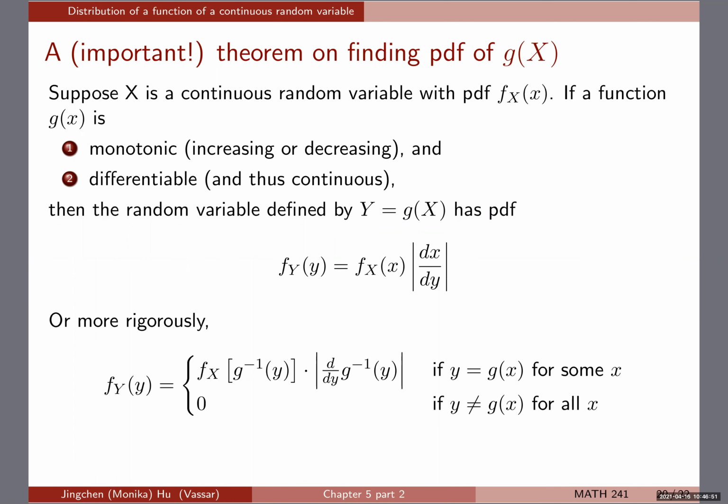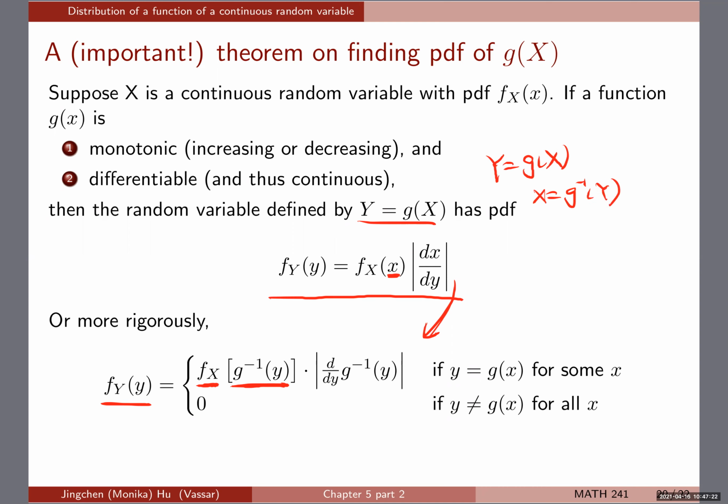Just to go back to why this is the case: if we are trying to find f_Y given f_X, we're trying to get f_X evaluated at the inverse function of y, because y is g(x), so we know that x is g inverse of y. So f_X is evaluated at the inverse of y, and then you do the dx over dy. This is why it works.